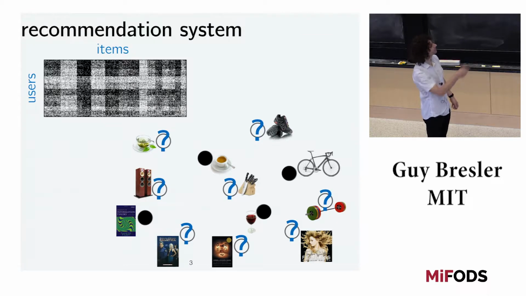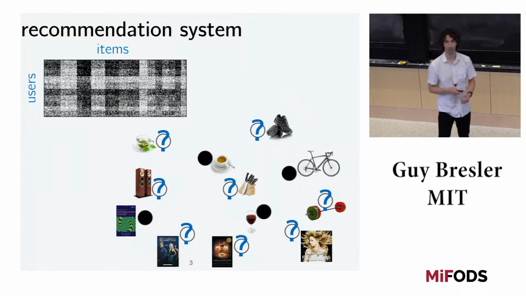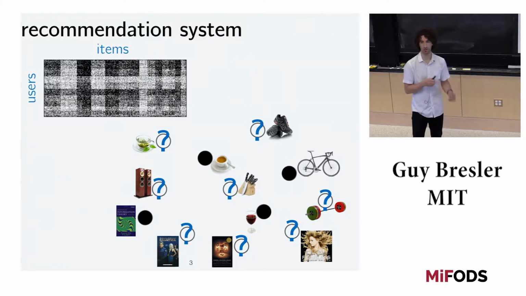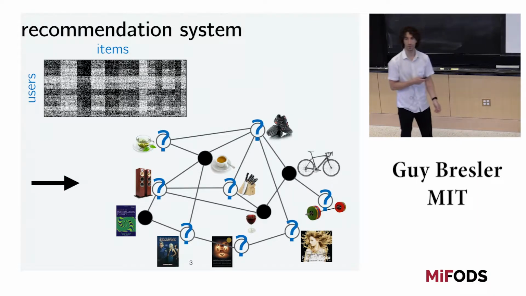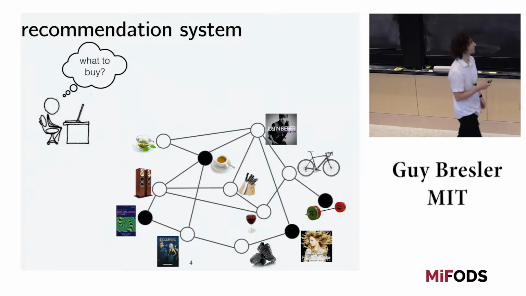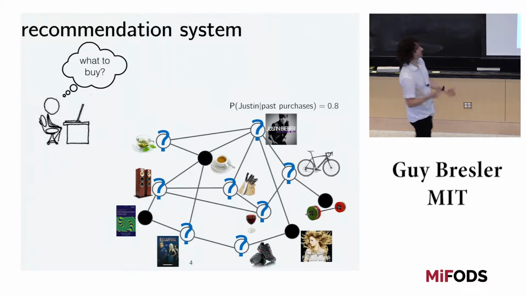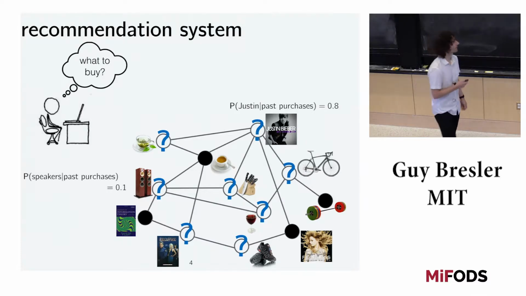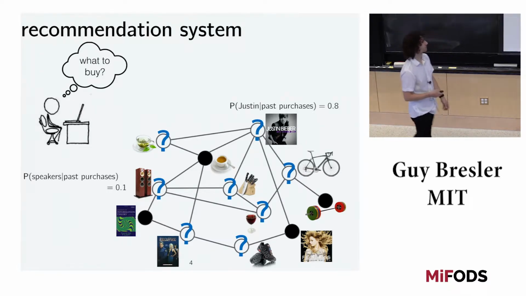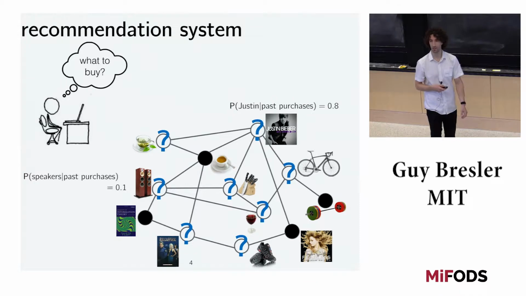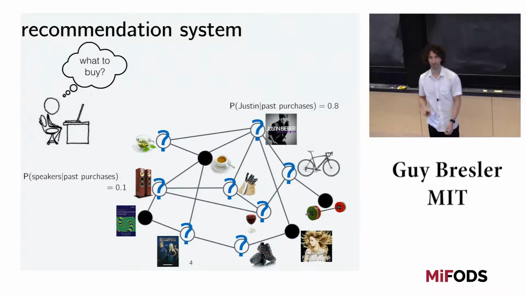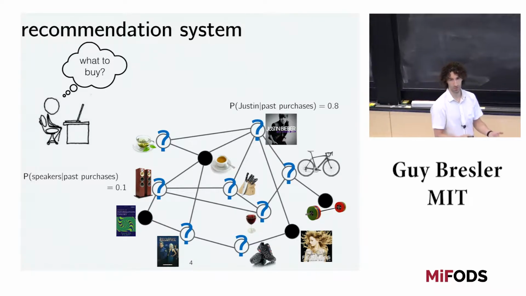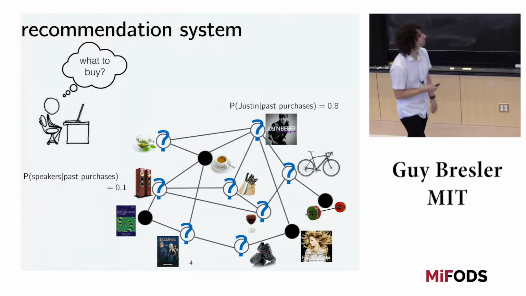If you have a bunch of data over users and items, then one could potentially learn the joint distribution of preferences over these items as described by a graphical model, which would then allow computing posterior probabilities, like what's the probability that I'm going to buy the latest Justin Bieber album? Or what's the probability I'm going to buy these speakers? Now often you actually care about these probabilities, not just whether the person is going to buy it or not. Because even if this probability is way lower, the speakers are $2,000, so you'd probably recommend that if there's a reasonable chance of the person buying them.